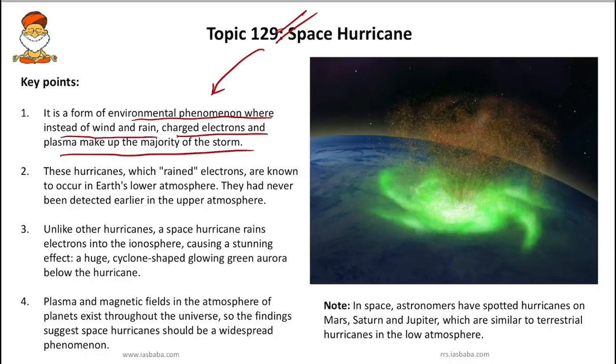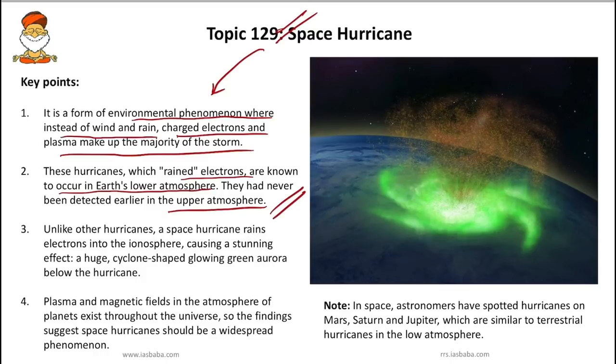These space hurricanes are similar to the hurricanes which happen across the globe. Generally these hurricanes rain electrons and are known to occur in the Earth's lower atmosphere. But this is the first time that scientists have discovered a space hurricane in the upper atmosphere.